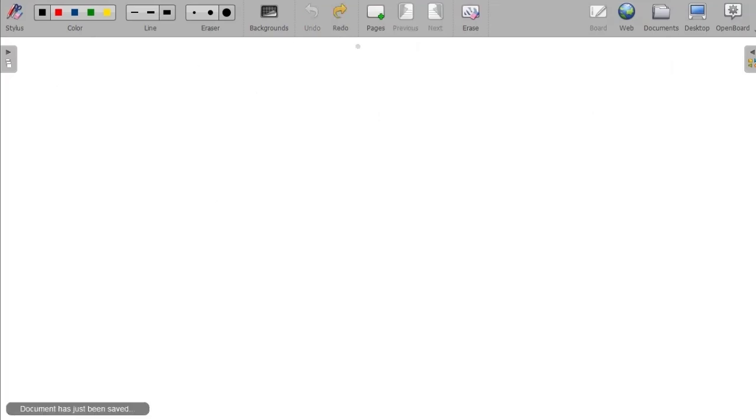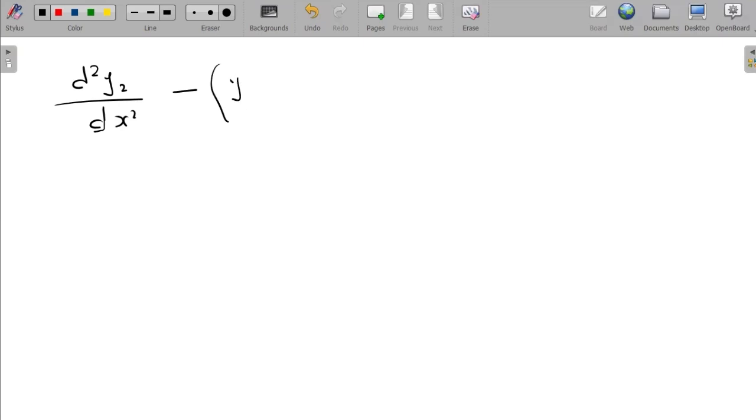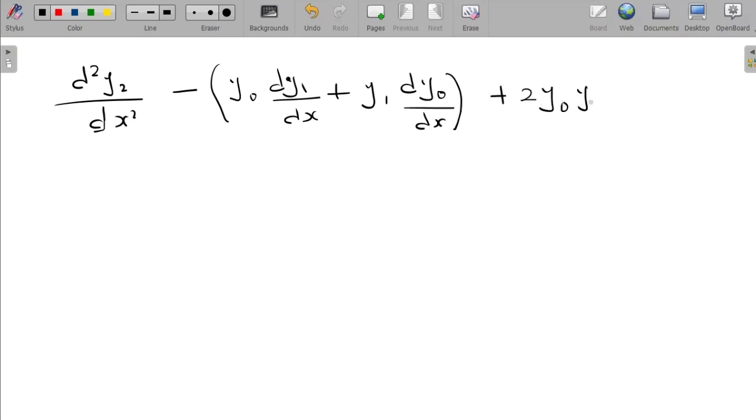So let's quickly obtain y2 as d²y2/dx² minus, so this is the nonlinear part, written as y0 dy1/dx plus y1 dy0/dx plus 2 y0 y1 equal to 0.